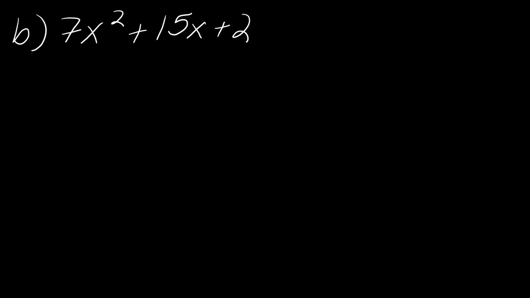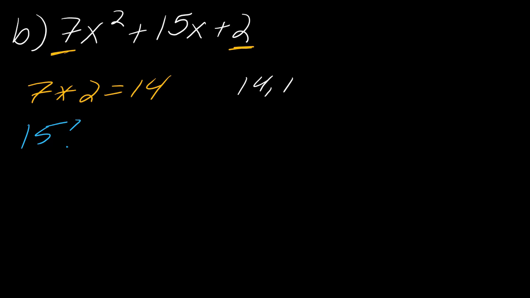Okay, so I'm going to start with part B, just using the AC method. To remind you how this works again, first I'm going to take 7 times 2. 7 times 2 is 14. So I need two things that multiply to 14 but add to 15. Of course that's going to be 14 and 1. So that's how I'm going to break up this middle part.